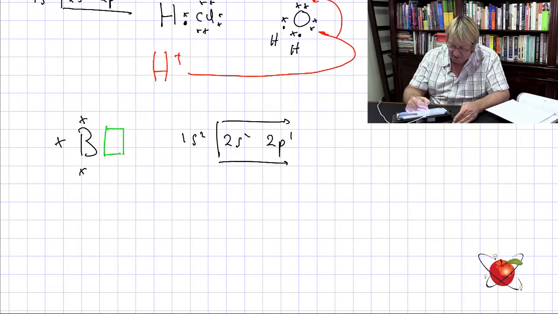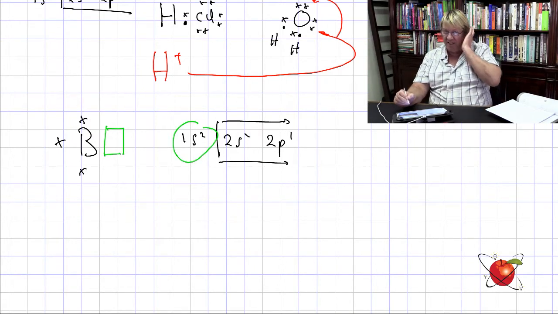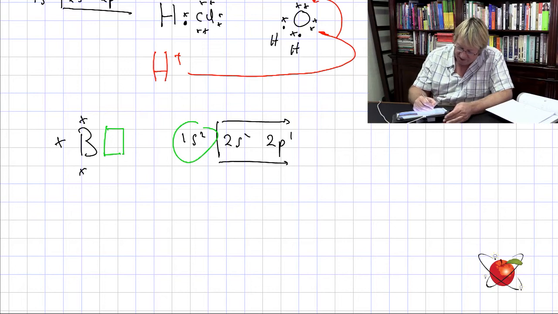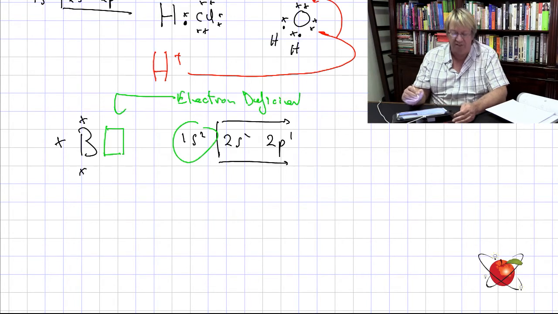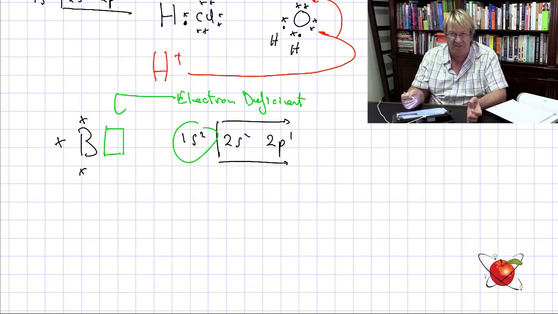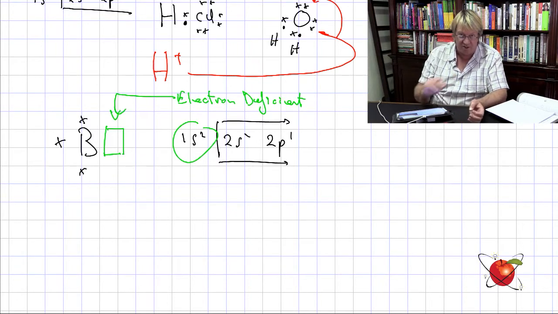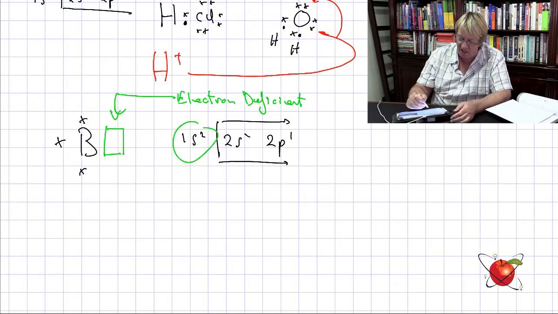These electrons here underneath, right? So in the outer shell, this area is electron deficient, right? It's deficient, which means that there is not enough electrons around the outside to form an octet structure, right? No matter what we do.